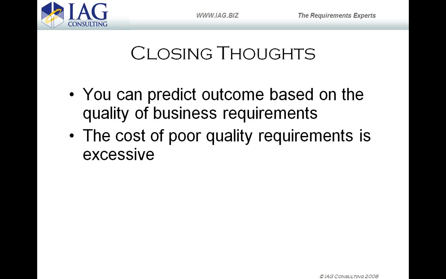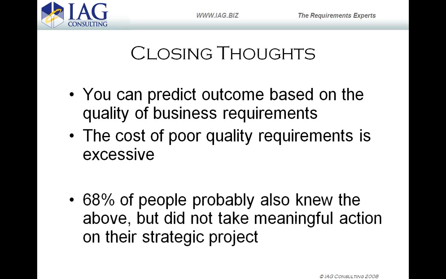The cost of poor requirements quality is excessive, and I hope you've taken that away. Now, here's the kicker. I'm betting 68% of people probably also knew that above information.